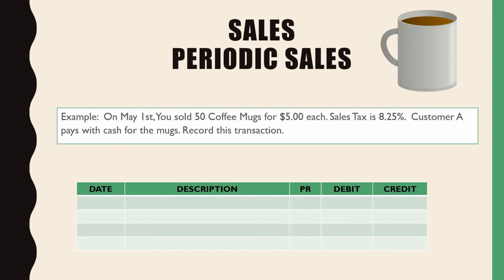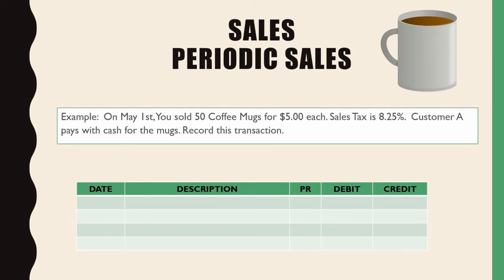which come to a total of $250. So you'll have a credit of 250 and a debit of 250. What about my tax? You'll add your tax.